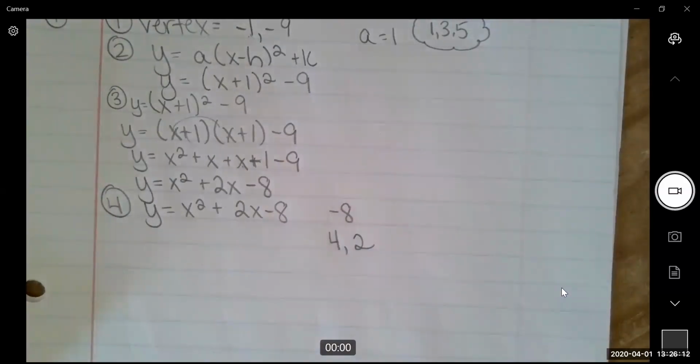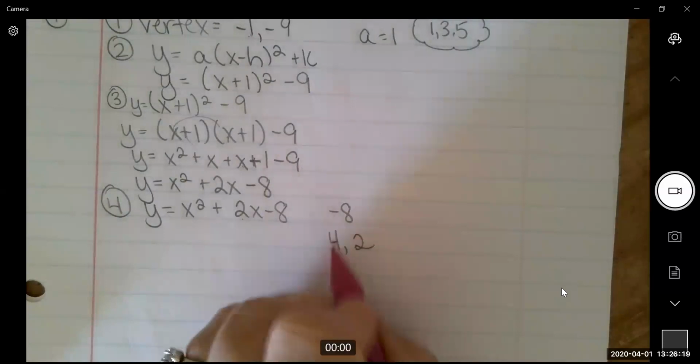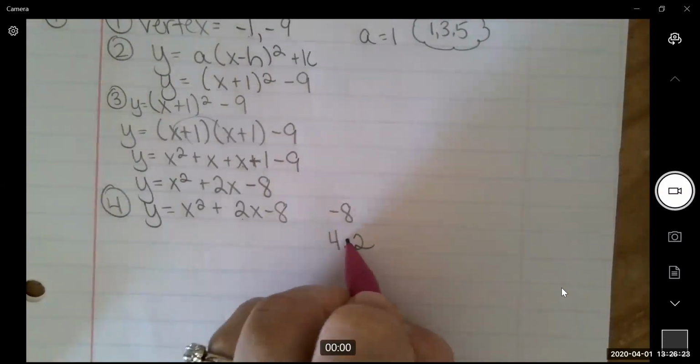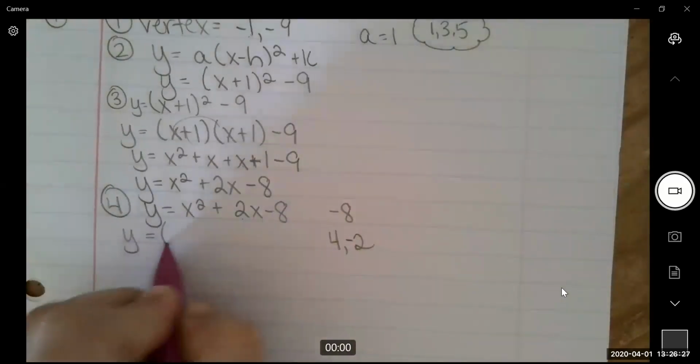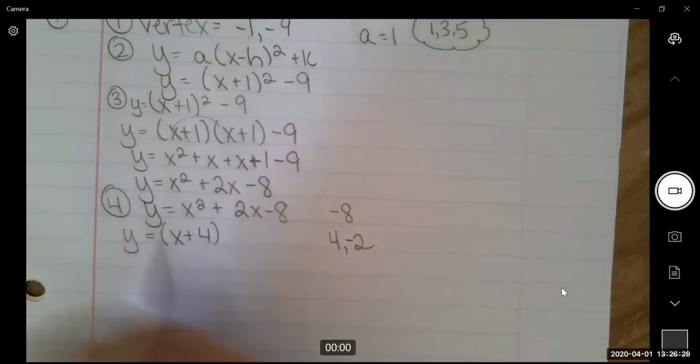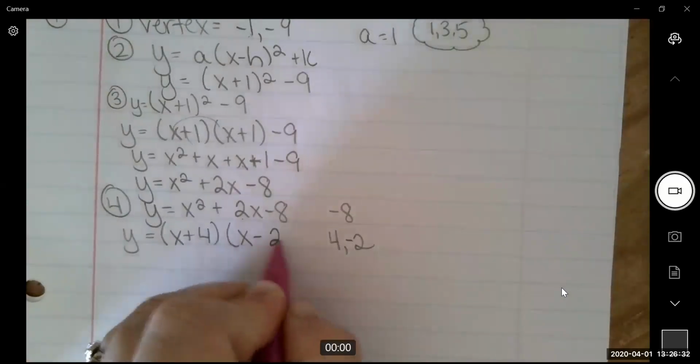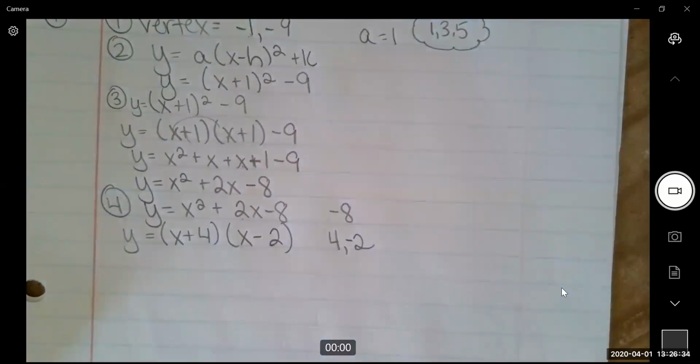So I'm going to go 4 and 2. The 2, our b term, is positive, so the larger one, the 4, has to be positive and the 2 has to be our negative. So we have y equals x plus 4 times x minus 2. And that's all we have to do.